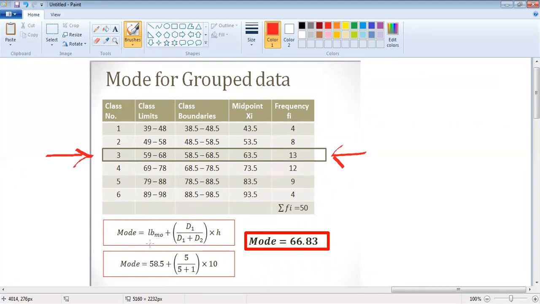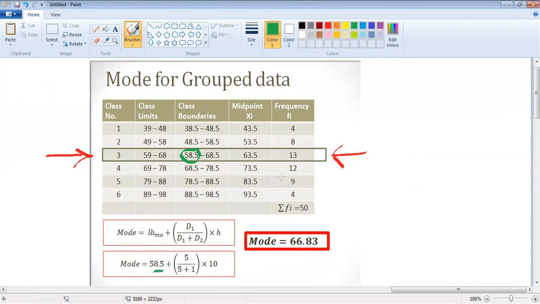If these are the boundaries, this is what we call the lower boundary, and the other one is the upper boundary. So we have 58.5, and in this case I wrote here 58.5.